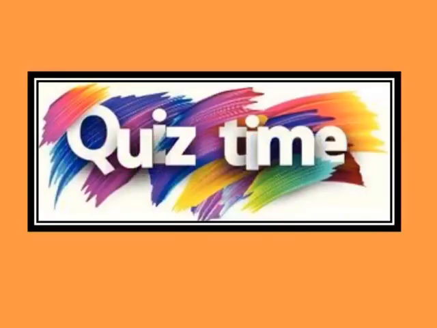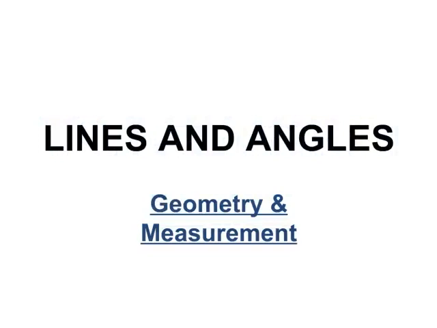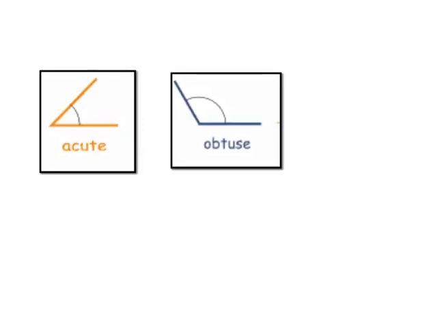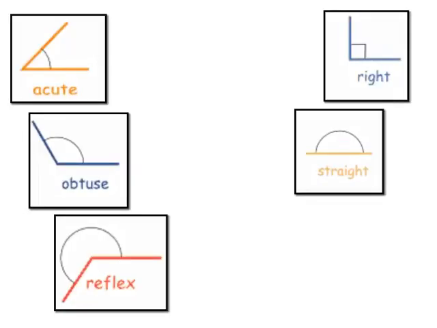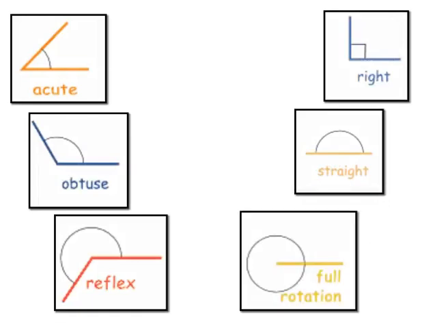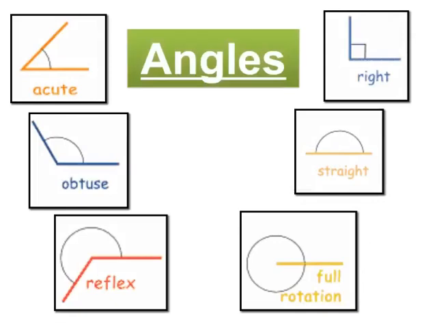Another quiz to assess your understanding. Acute angle. Obtuse angle. Reflex angle. Right angle, 90 degrees. Straight, 180 degrees. Full rotation, 360 degrees. Here are the 6 angles.